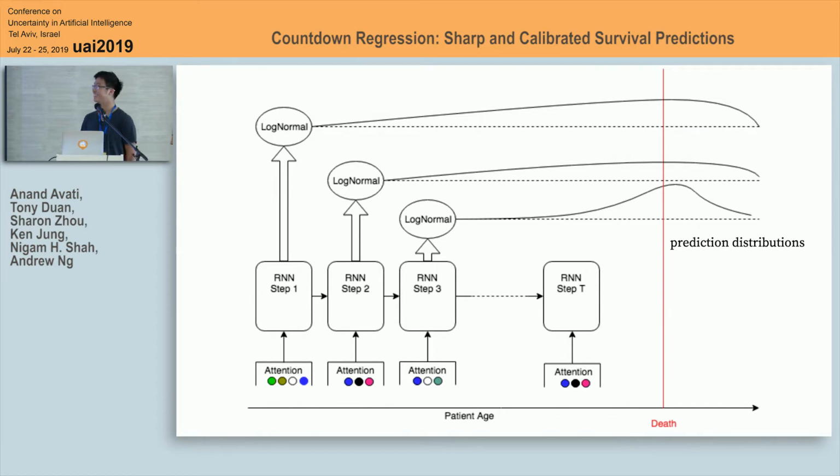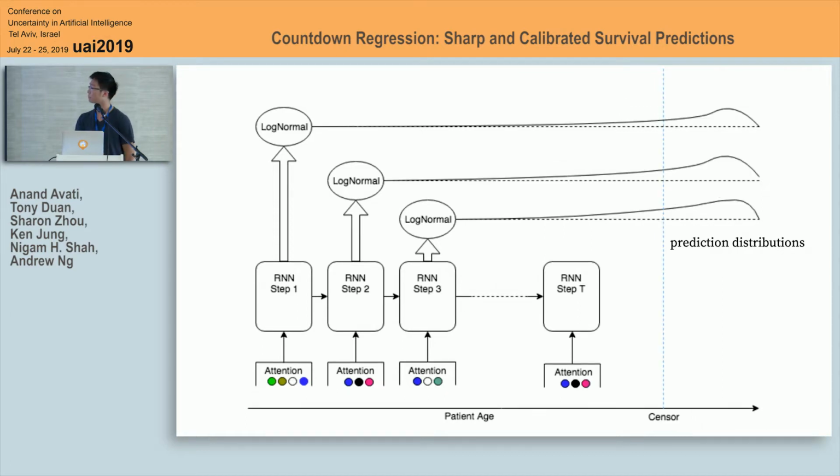At each time step, we run the patient's age, gender, and their diagnosis codes through a recurrent neural network, and we predict the parameters, the mean and the variance, of a log normal distribution. The entire system is trained end-to-end with backprop. The question that we address here is how to set the scoring rule at the top.